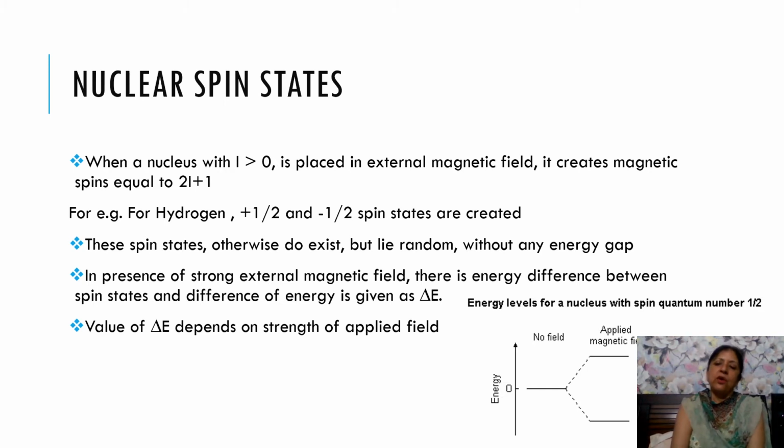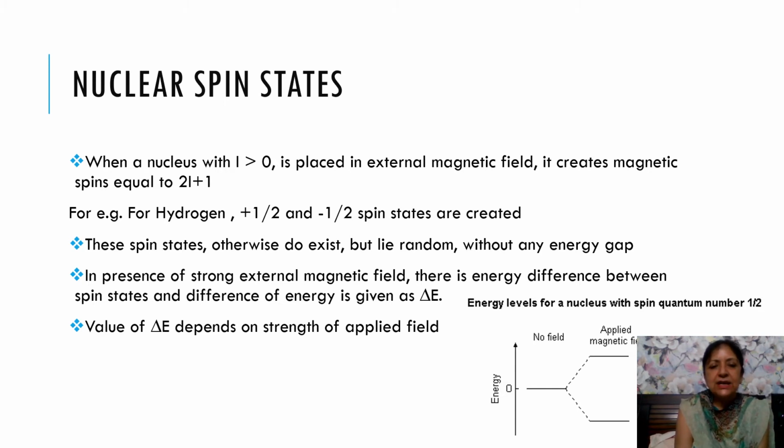Now, the first thing was the nucleus. When such a nucleus is not placed in an external magnetic field, these two spin states, plus and minus half, exist but lie random and there is no energy difference between the two.